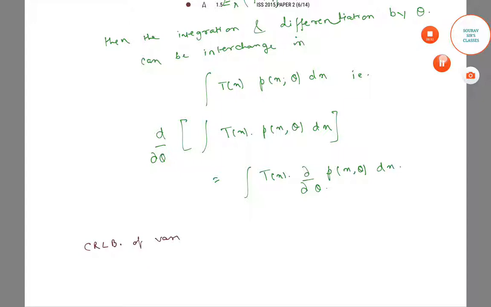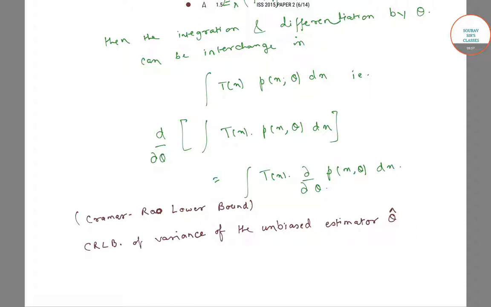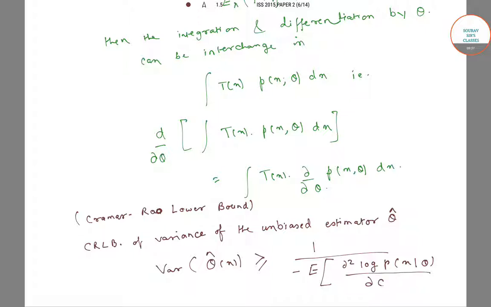The Cramer-Rao lower bound of the variance of the unbiased estimator theta cap is given by: the variance of theta cap is greater than or equal to 1 divided by minus the expectation of d square log p(x given theta) divided by d theta square.